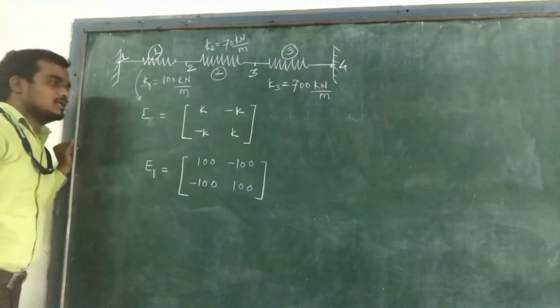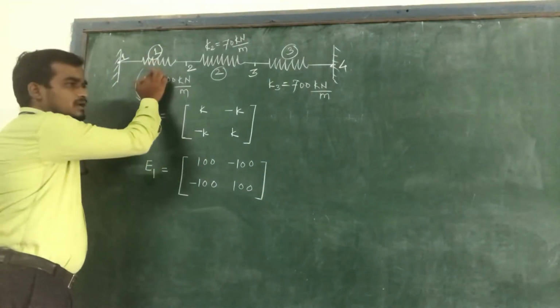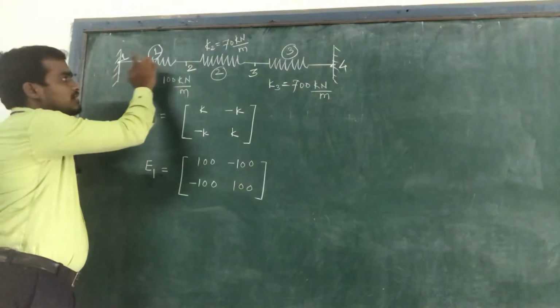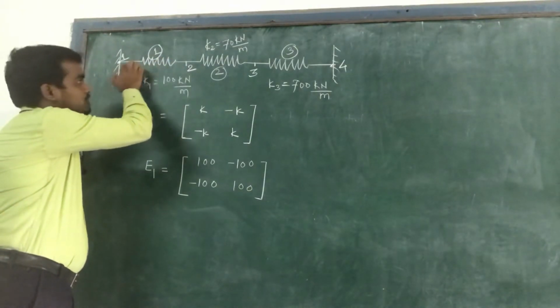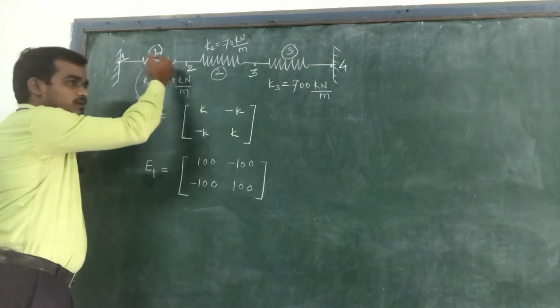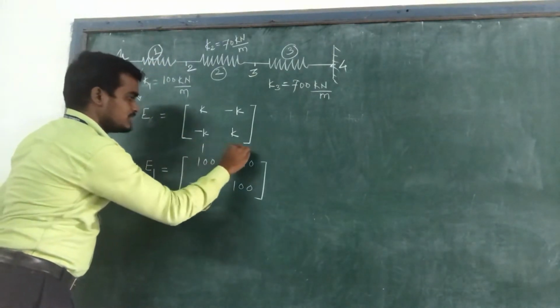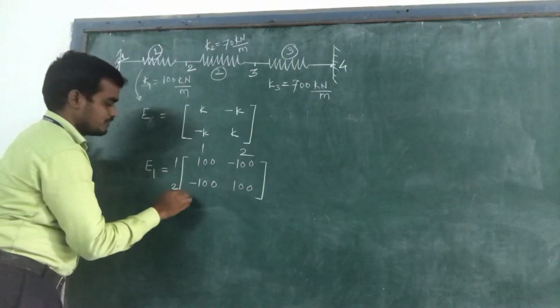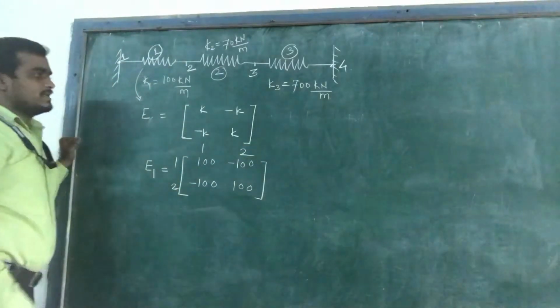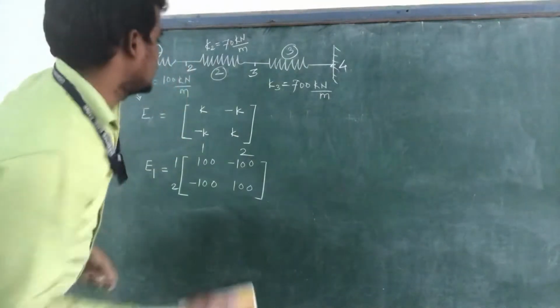The position of this element is between node 1 and 2, so we need to write the position of this element in matrix form also. It is between position 1 and 2.